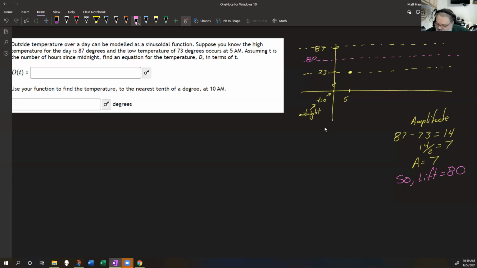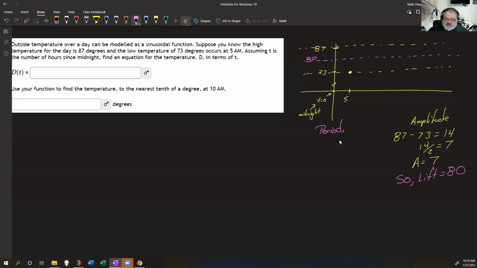Now, what about period? It might feel like we're not told a lot about period, but we are told that this temperature varies over a day, right?